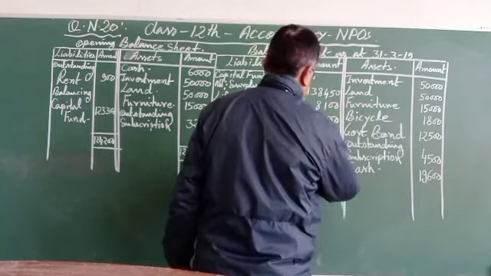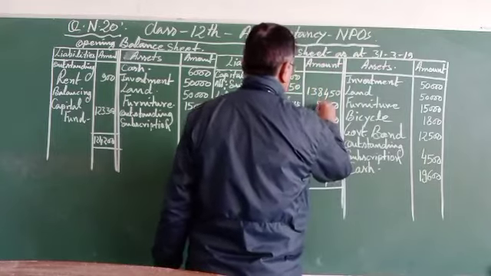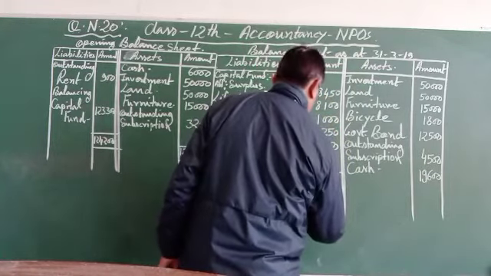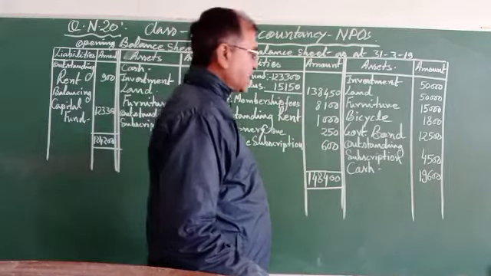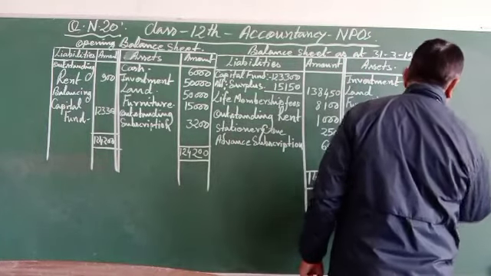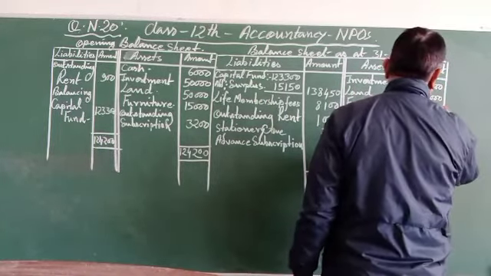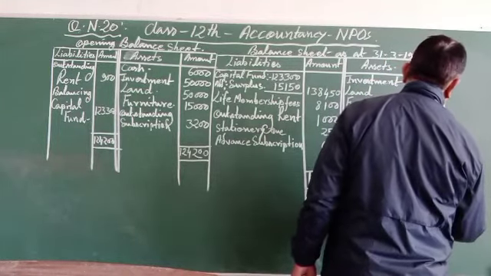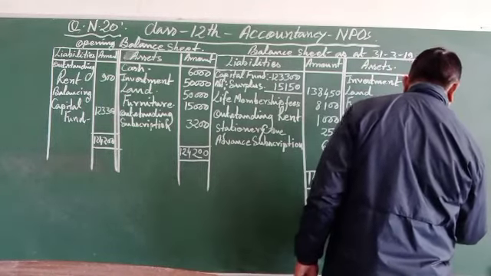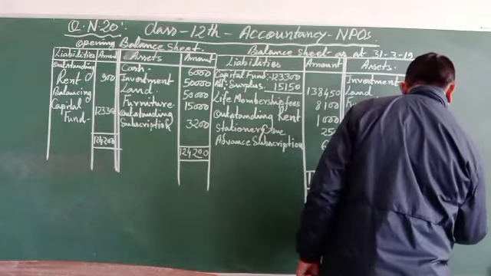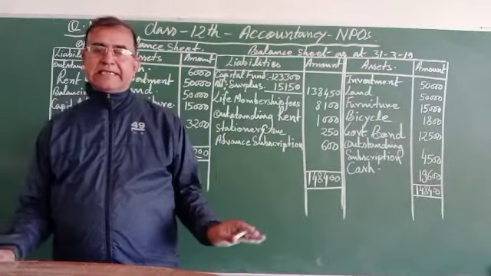The total of the liabilities column is 1,48,400, and the assets column total is also 1,48,400. The balance sheet is matched.